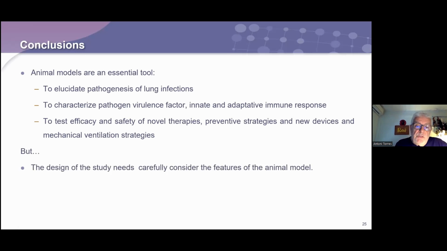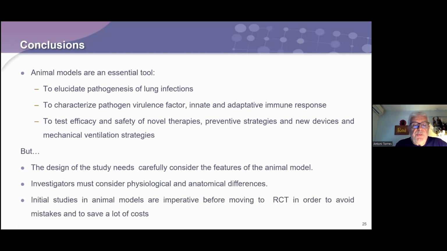But of course, you have to consider the features of the animal model, the physiological and anatomical differences with humans. I personally think that this could save a lot of money to the industries studying treatments, antibiotic, non-antibiotic, and strategies in this type of animals before moving to large randomized clinical trials.